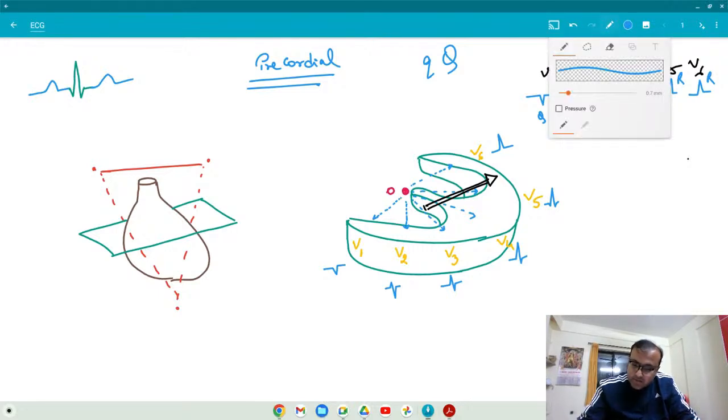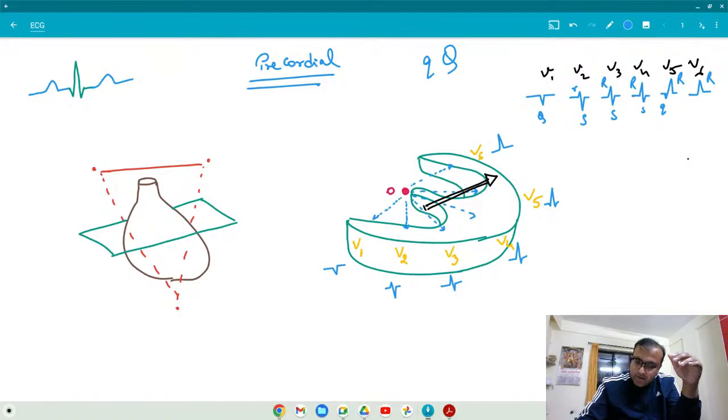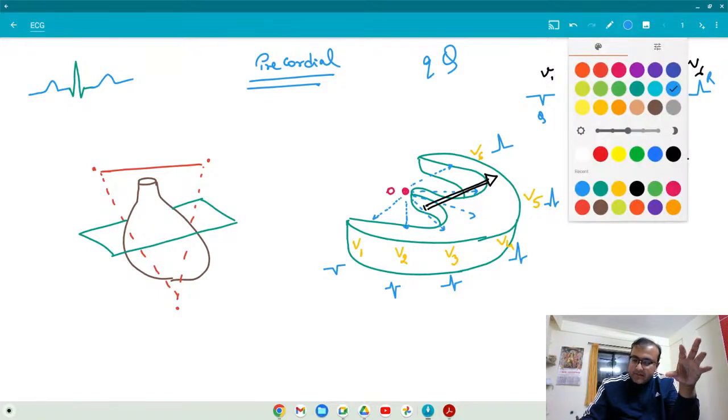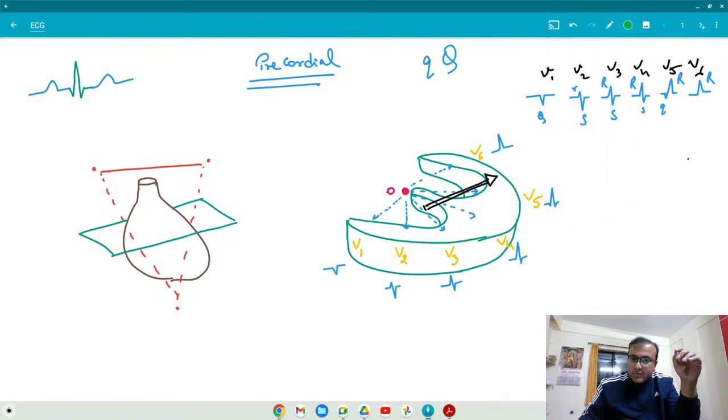Okay, let me just show you. So V1, V2, V3, I have shown it already. So V1 to V6, if you also look at it, look at a pattern. This makes your life easier. So if you look at a situation, let's say like this, we started, then we went like that, then we went like this, then we started from here actually.